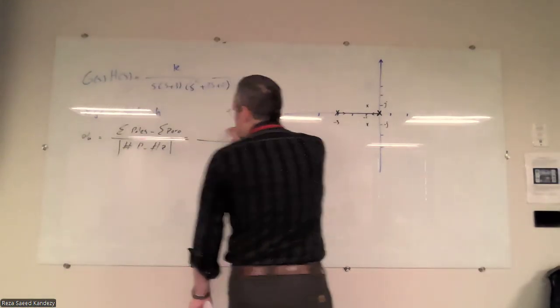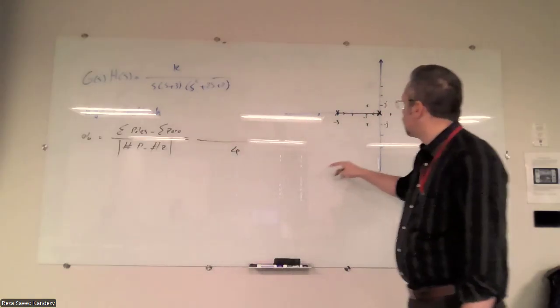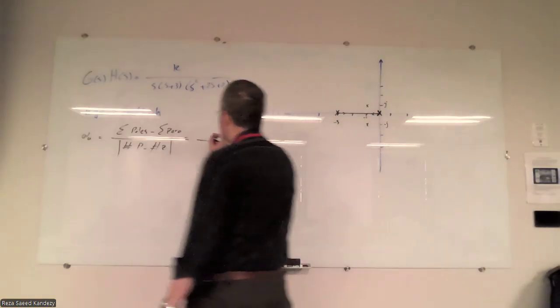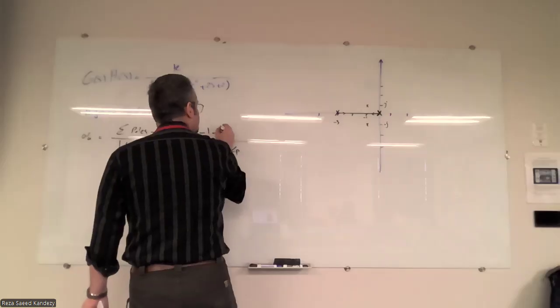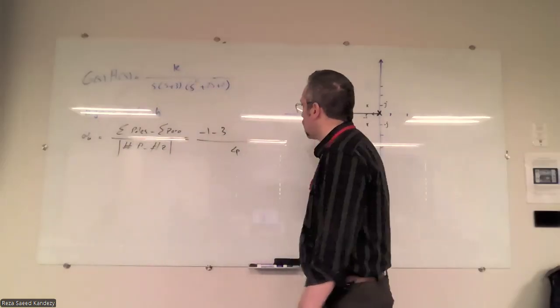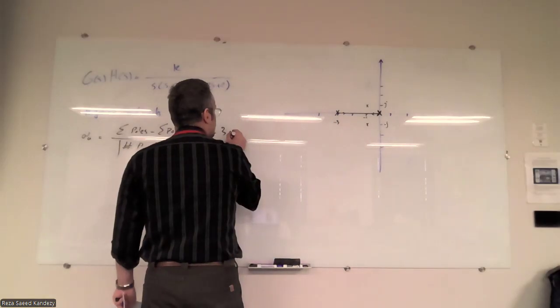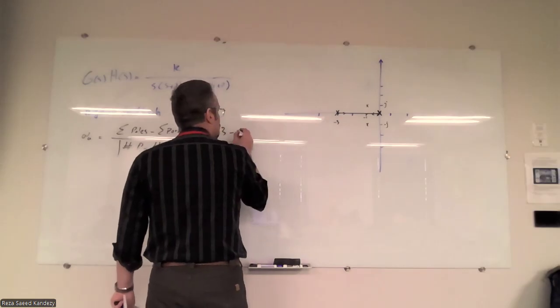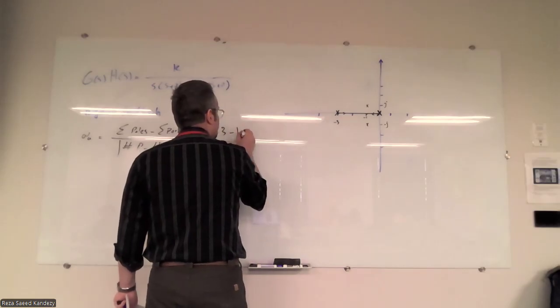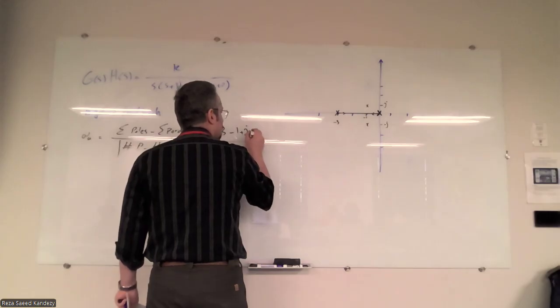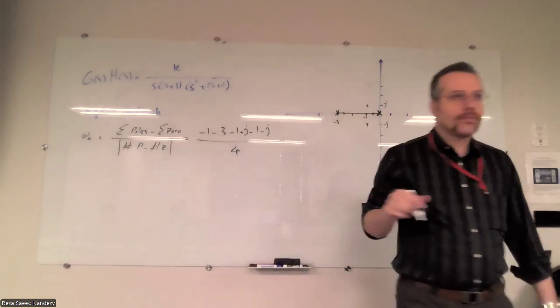And the numerator of this is going to be -1, -3, okay? And then minus (1 plus j), and then -1 minus j. Are we good?